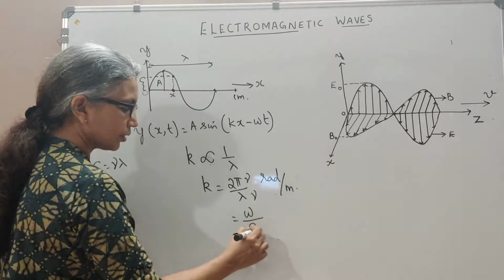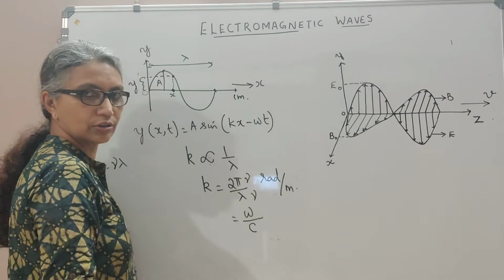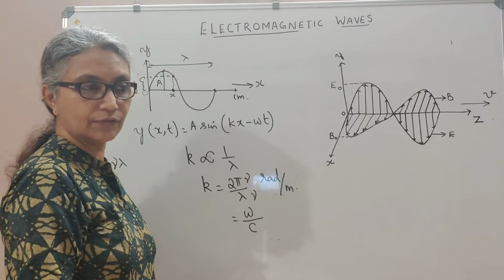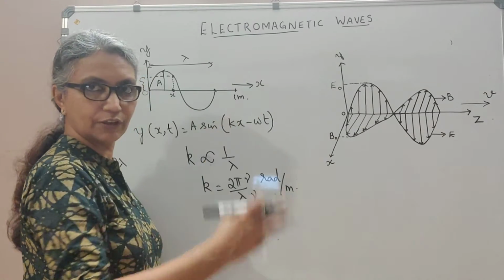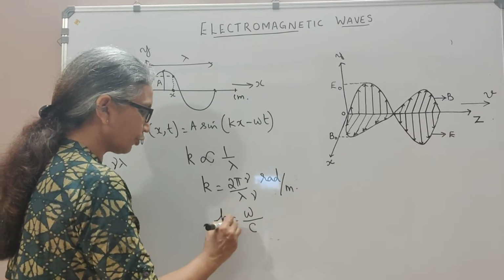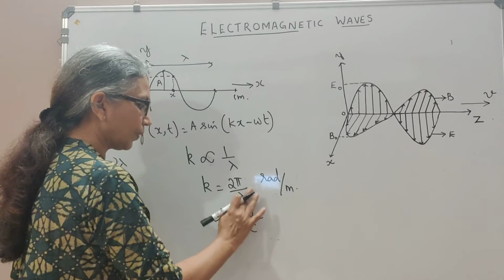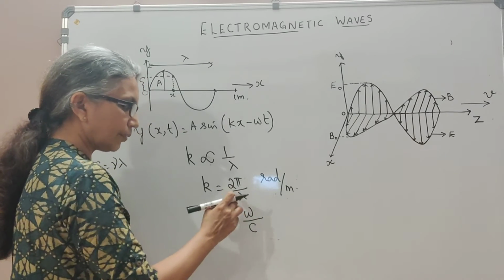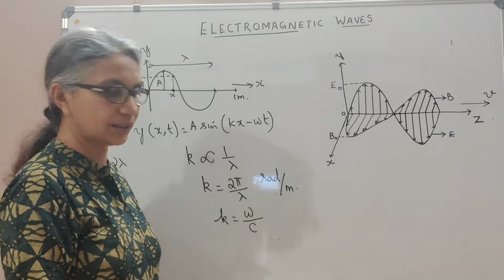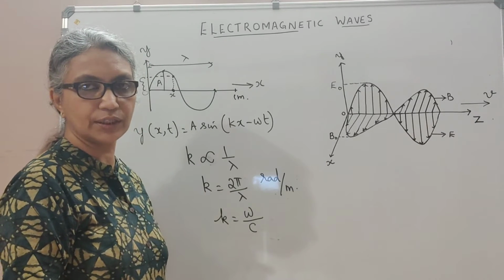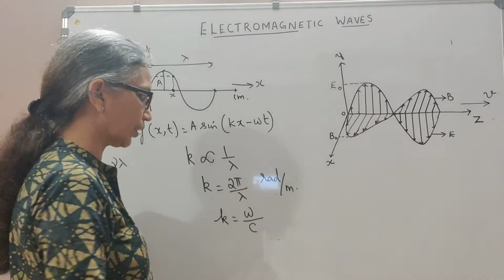So I may write this as omega by C, where C is the velocity of light in air or vacuum. If it is in any other medium, we will represent it with letter v, velocity. So we have two formulas for k. One is 2 pi by lambda, where lambda is the wavelength, or the wave number k is equal to omega by C, C being the velocity of light, 3 into 10 raised to 8 meter per second.